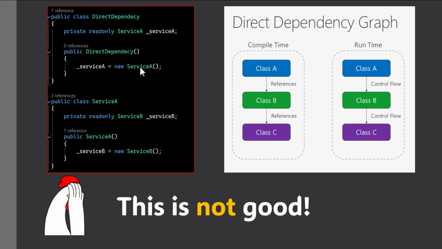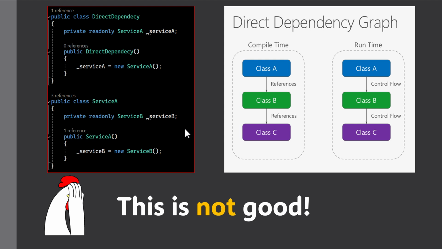If in any code base you see a new instance, a new class, this is a sign that it is not a good practice to create instances like this. At compile time and runtime, the graph of references and dependencies is the same.